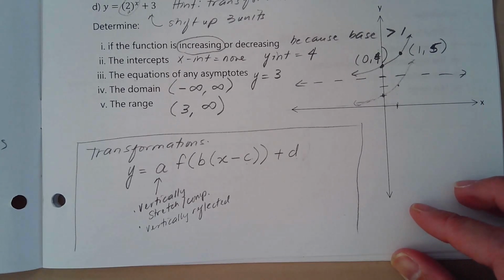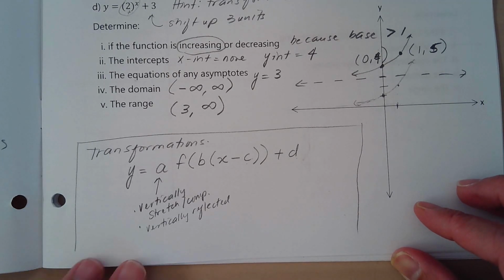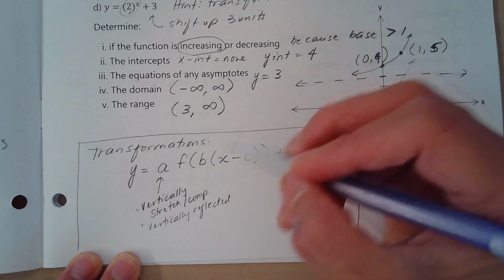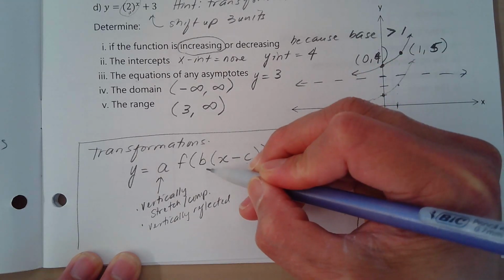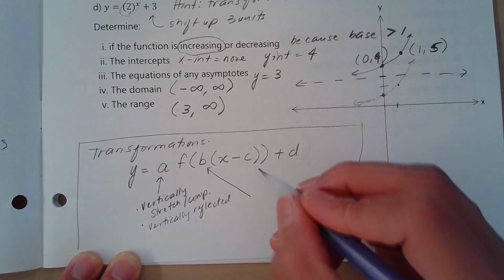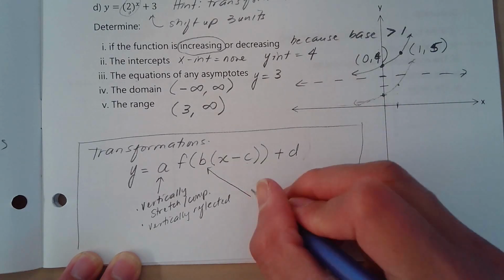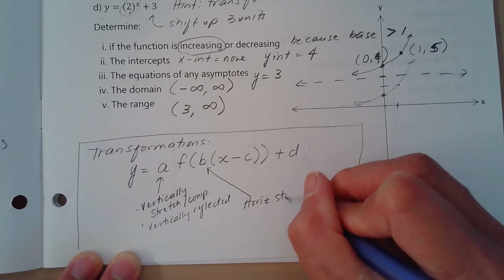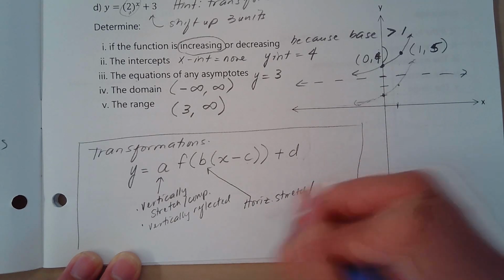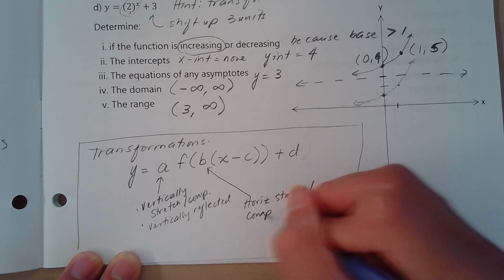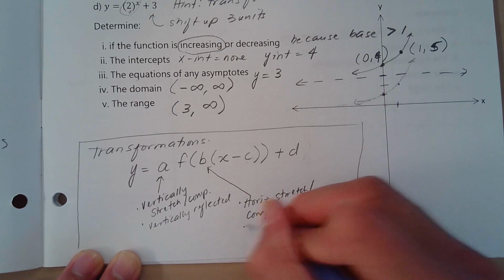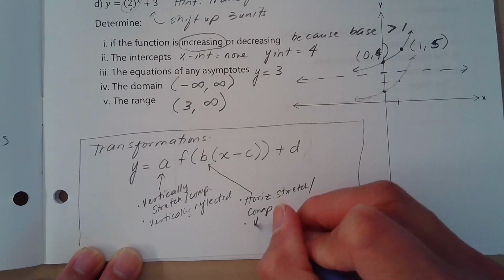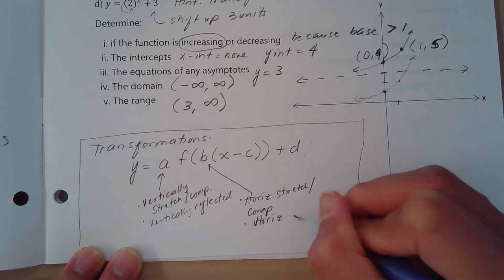The b is the horizontal stretch or compression, and if it's negative, it's also going to be a horizontal reflection.